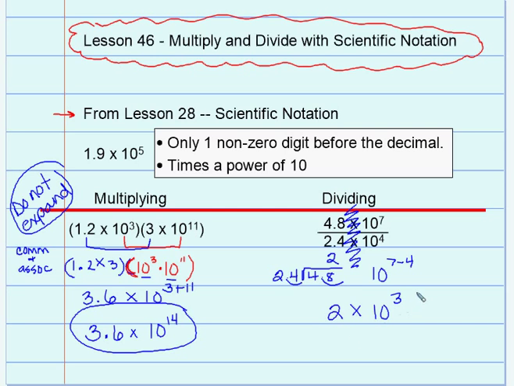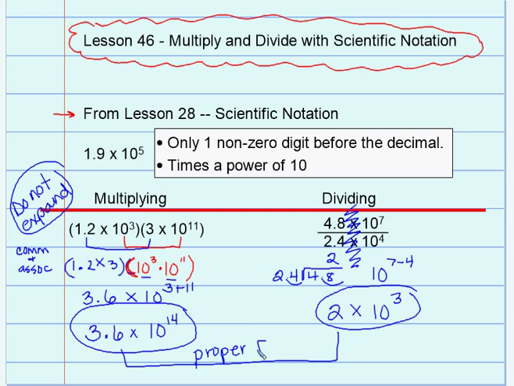Now these are still in scientific notation. If they asked you for standard form, you would still do the same process, but then you would move the decimal accordingly. Now, notice that the number part, these are still proper form, right?